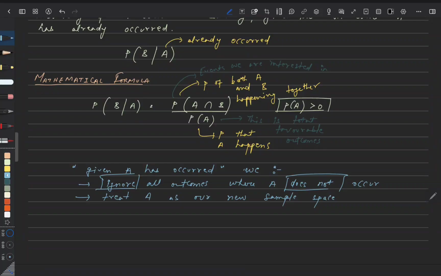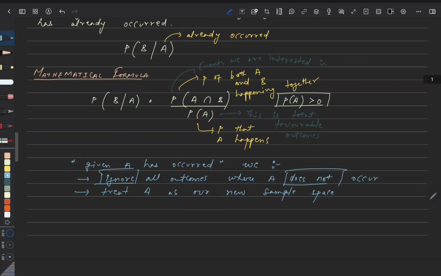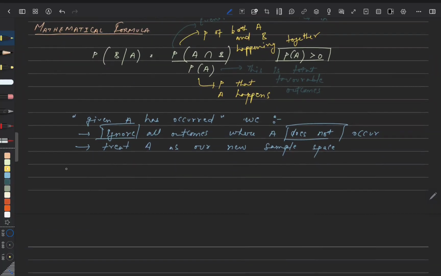In other words, out of all the cases when A happened, how many cases also satisfy B?